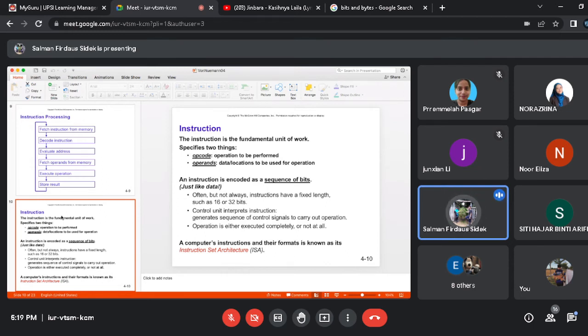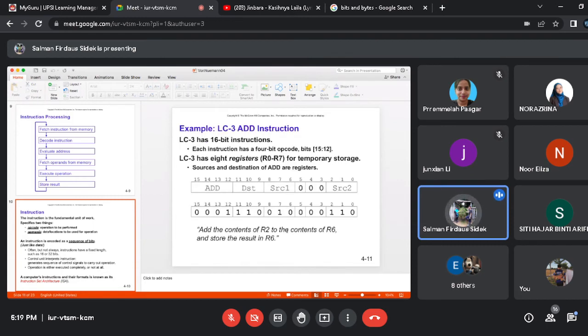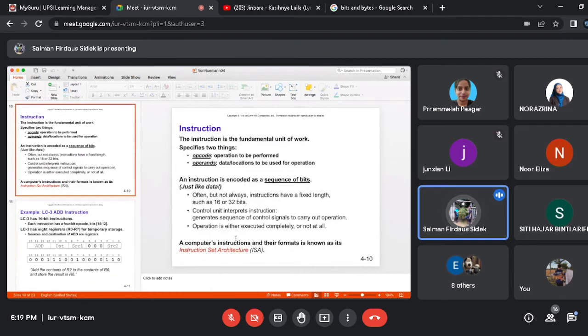Never mind, I will show you how the instruction looks. Dalam soalan exam before, in the exam question, we have an ISA table. Before we stop at this slide, I will show you how the opcode and operands look in the instruction.